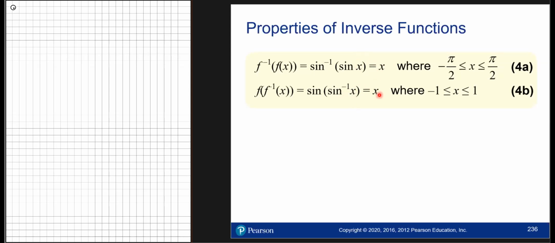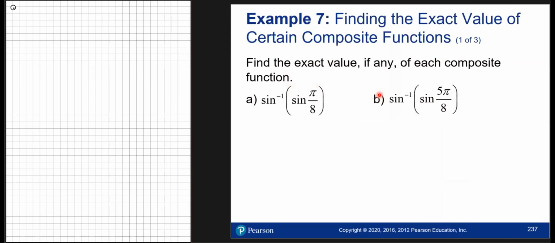Okay. So sine and sine inverse just undo each other. You get the argument back. So here I'm doing sine inverse on sine. Well, sine of pi over 8 gives us some number that when I do the inverse on it, I'll get pi over 8 back.